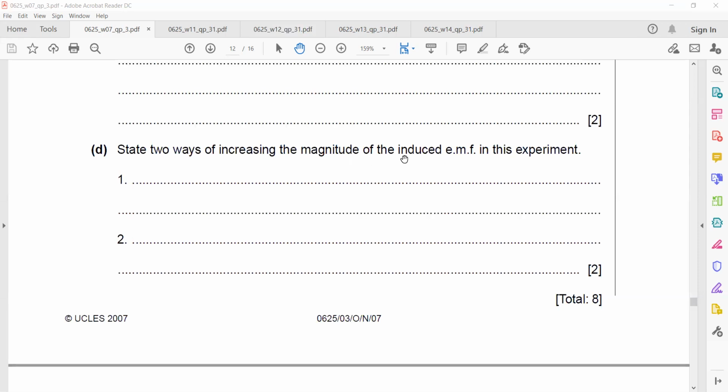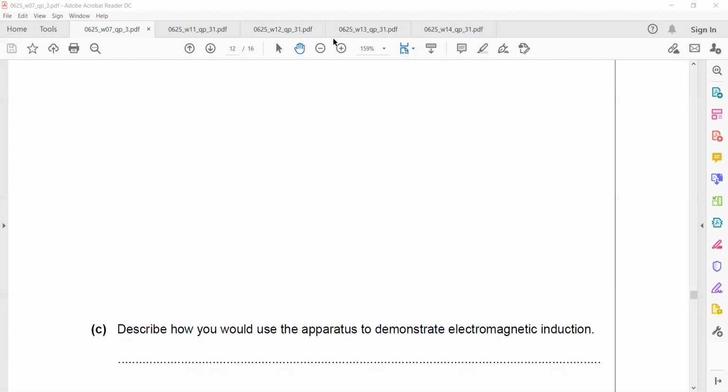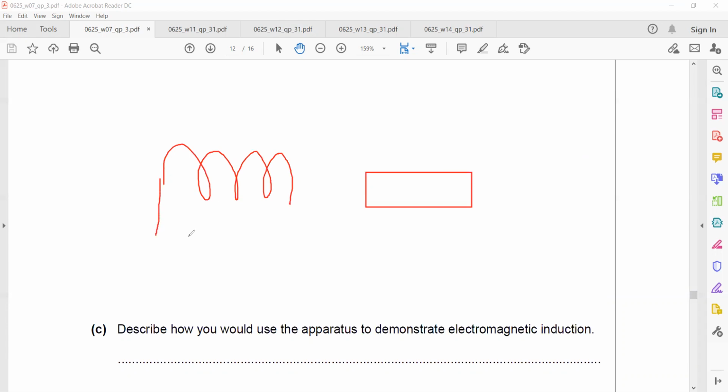State two ways of increasing the magnitude of induced EMF. So how can I increase the magnitude of induced EMF? Actually, there are three ways to increase the magnitude. Number one, move the magnet faster. That is one.